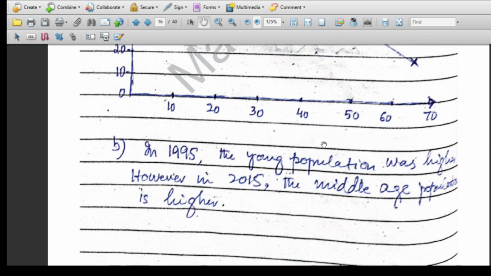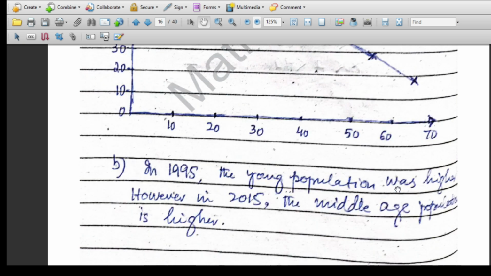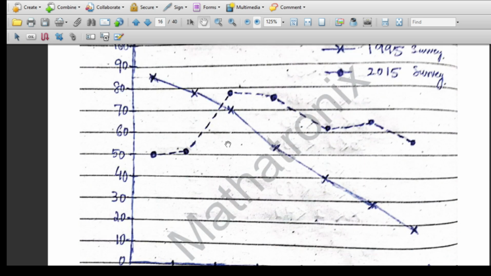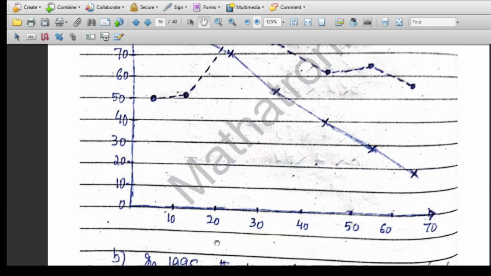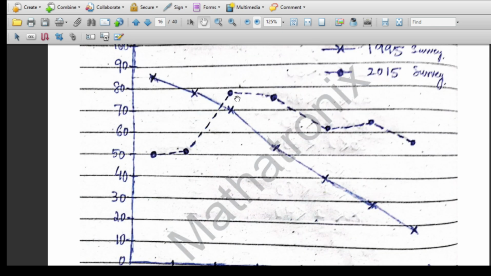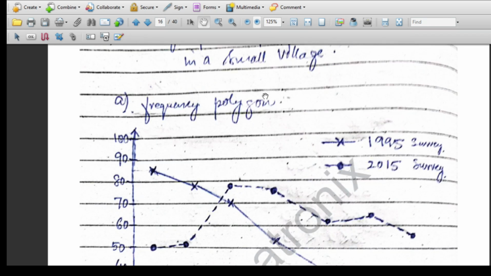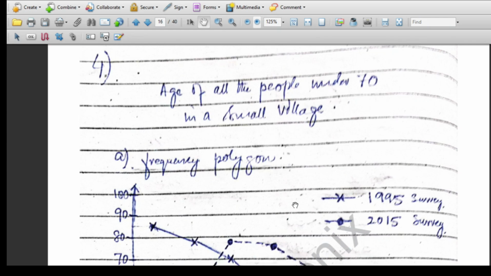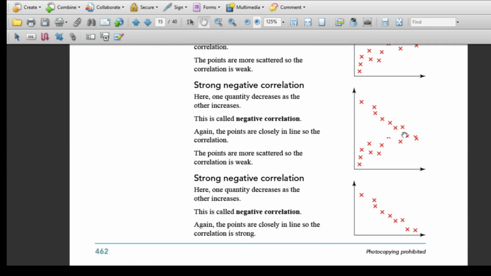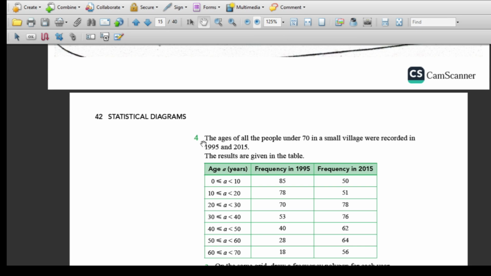So in 1995 the young population was higher, however in 2015 the middle age population is higher. This is what the frequency polygon represents in this question number 4.